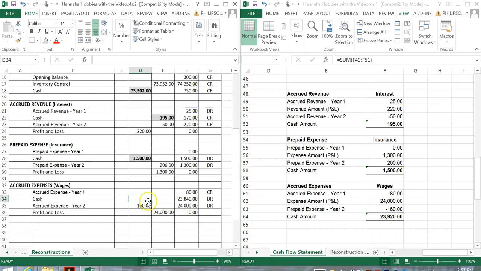So in our debit column equals 23,840 plus $80 gives us 23,920. We can come over here, we double check that those two figures marry up. Bold that, I'll make it grey. And there are our reconstructions. Simple, really, don't you think?